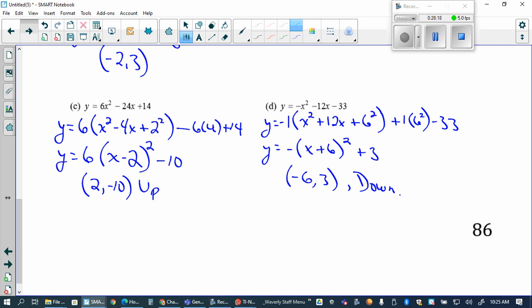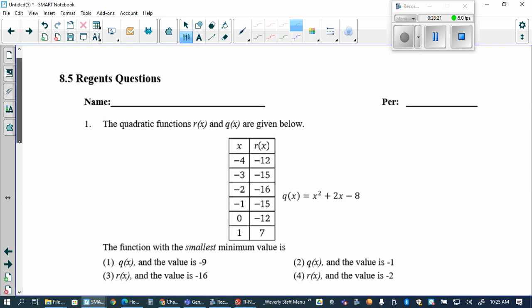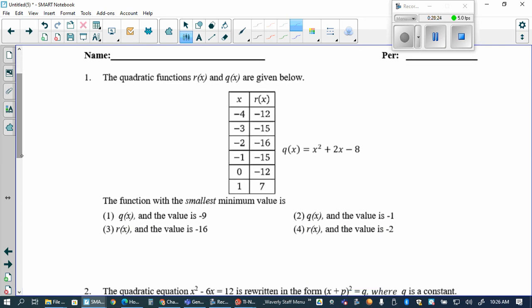All right, let's look at the reading questions. Let's read over the first one there. Everybody read it on their own. What kind of functions are they? How did you know that? Holy cow. Kid finally read something. Quadratic, which means they make parabolas. You're asking about the minimum value.